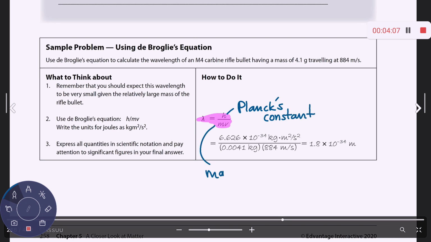M would be the mass, and then you may want to make a note that because Planck's constant has a mass unit of kilograms in it, you would need to then have your mass be in kilograms. And then V would be velocity.